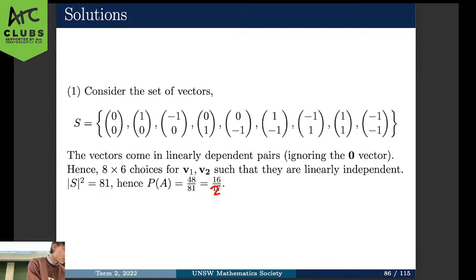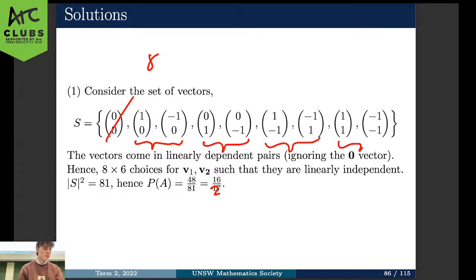First, I'm just going to ignore the 0 vector again. So there are 8 choices for the first vector. Remember they came in linearly dependent pairs. If I first ignore the choice of the 0 vector, there are 8 choices at the start.